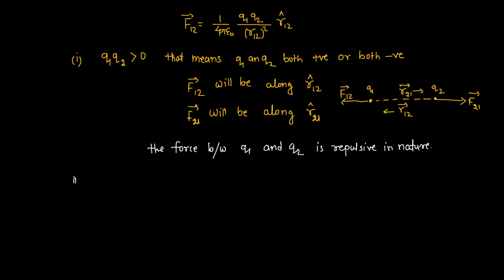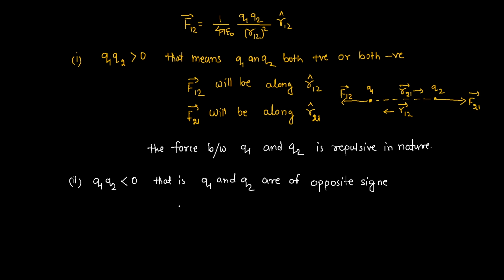If देखिए, if Q1 Q2 is less than 0, that means Q1 and Q2 are of opposite sign, then what happens?